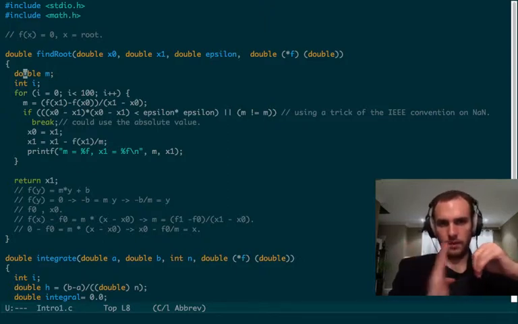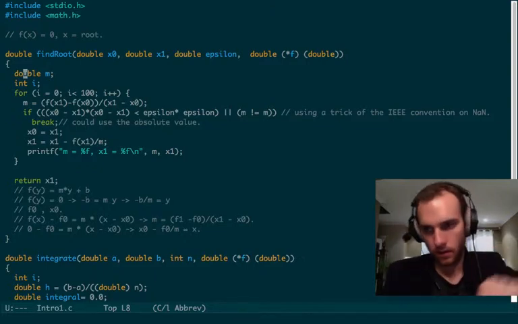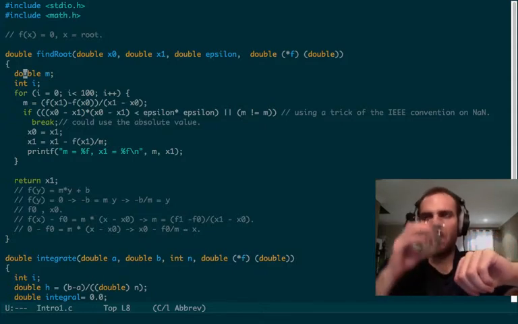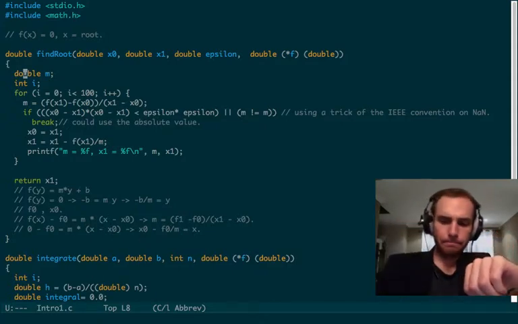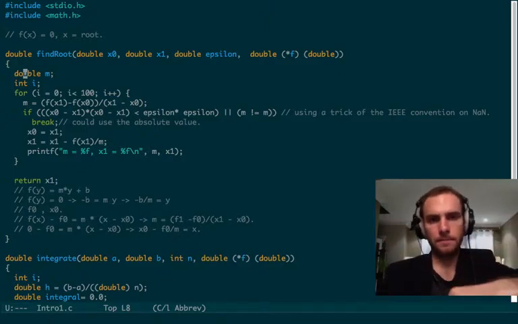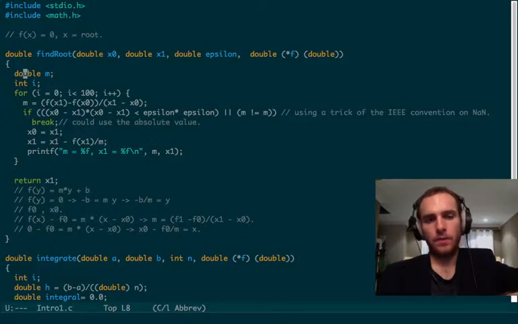Instead of doing it equally, we do it at the point given by this method. That's one way. We could use these two methods together. But you don't gain much robustness this way.